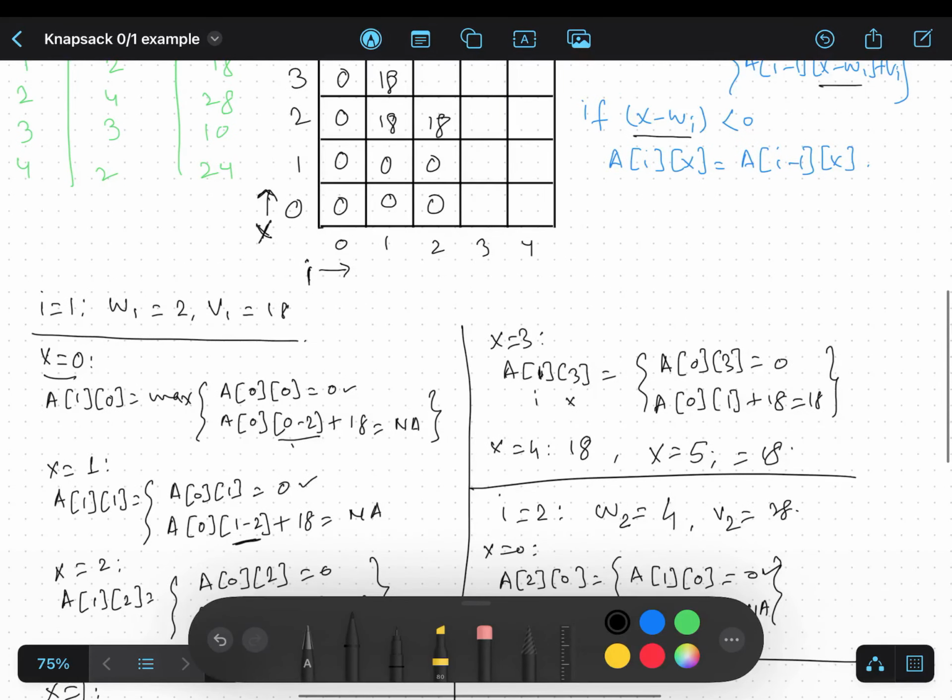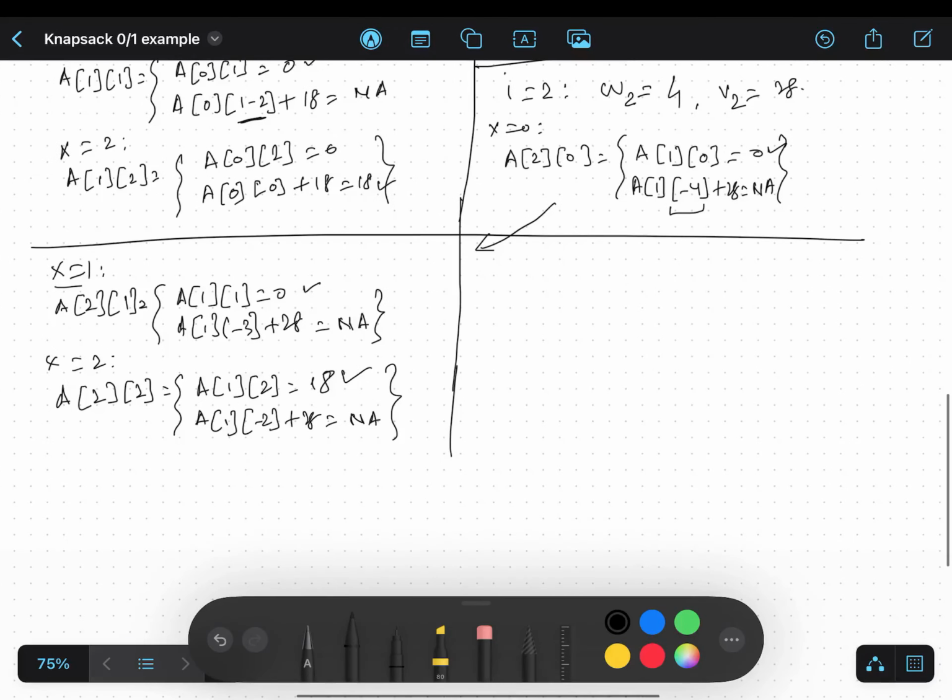So this will come out to be 18. Then for x is equal to 3, we do the same, and the second condition will be not applicable, and we are going to get 18.